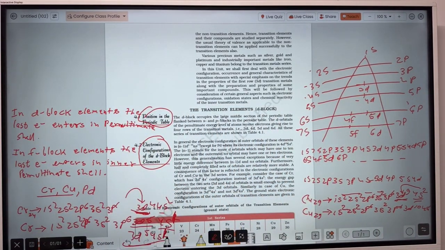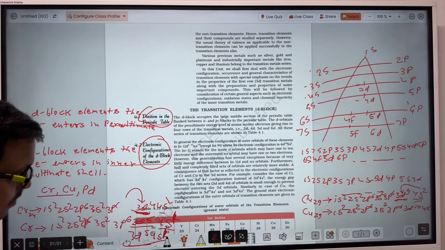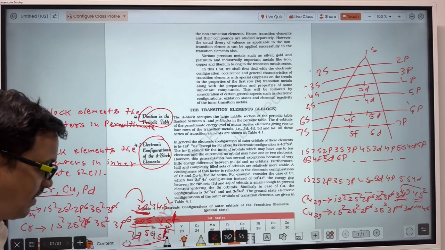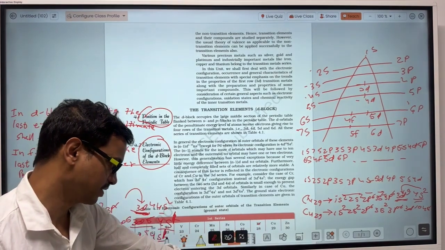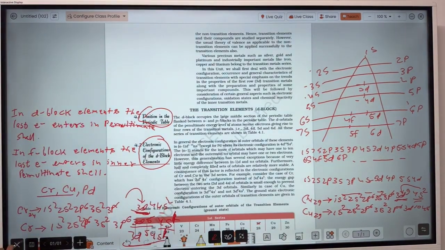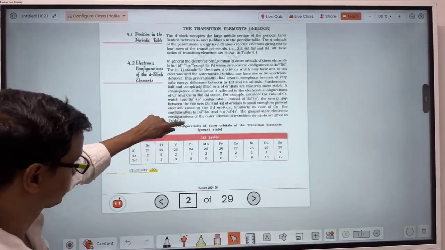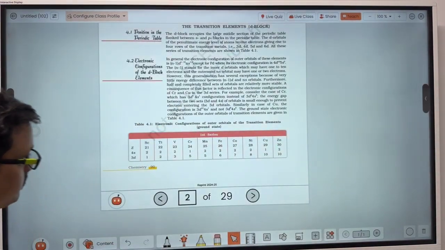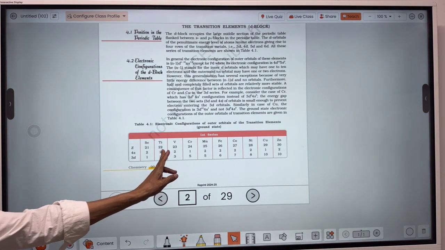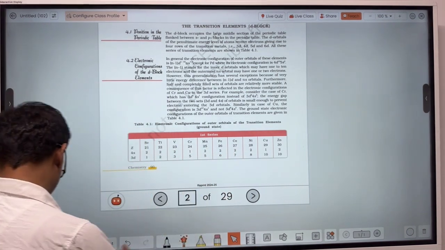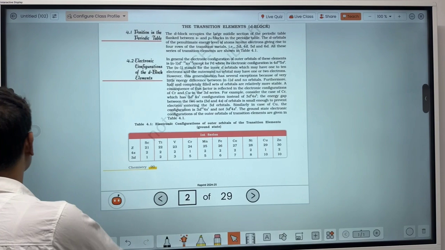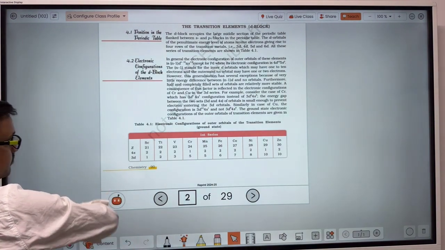Exception here: palladium. What's the atomic number of palladium? Nickel's atomic number is 28. So how much will get added?